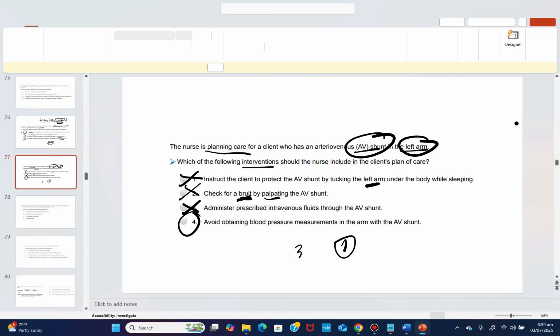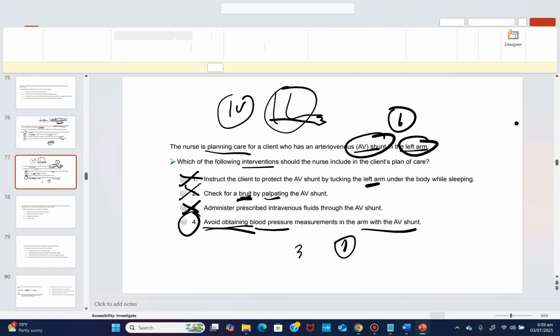Not only for this, we avoid taking blood pressure in several situations. This is one way that we avoid taking blood pressure measurement, if a patient has an AV shunt. There are other ways as well. If a patient has IV access in that particular arm, we don't take blood pressure in that arm.